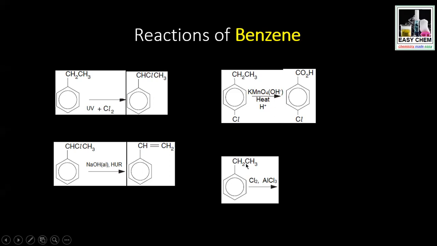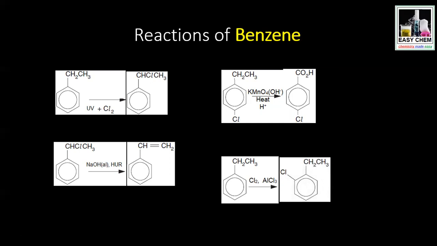This alkyl group promotes electrons in the second and fourth place. So we may get two products in this. This is a chlorine atom attached to the second position of the benzene ring. And in the other one, that chlorine has been attached to the fourth carbon compared to the position of CH2CH3.